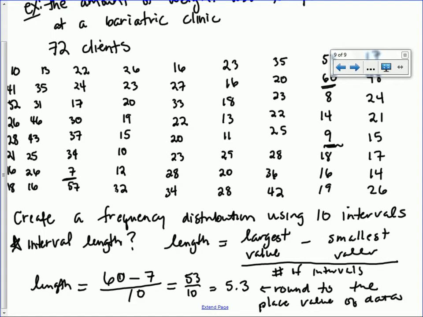So since my data is in whole numbers, no decimals, I am going to say my interval length should equal 5.